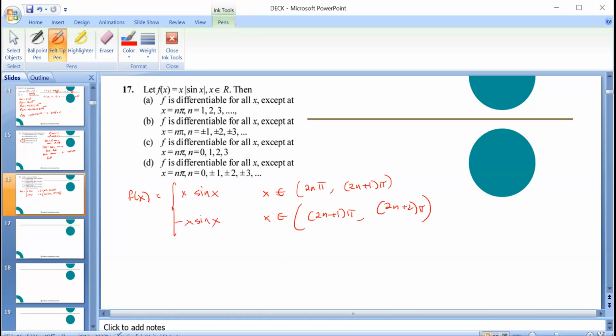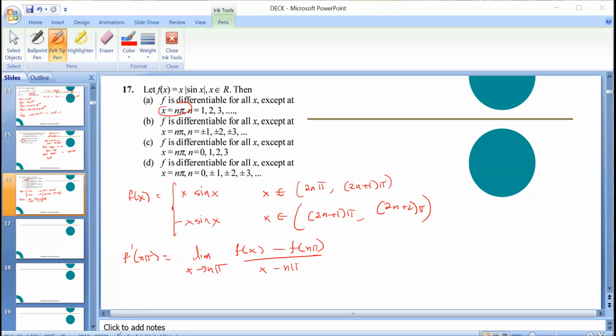Because they are talking about x equal to n pi, f dash of n pi we will find. It's limit of f of x minus f of n pi by x minus n pi as x approaches n pi.